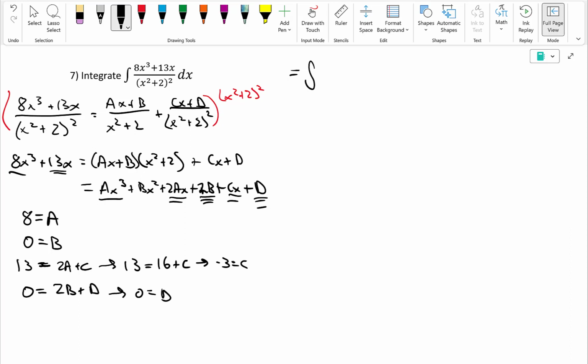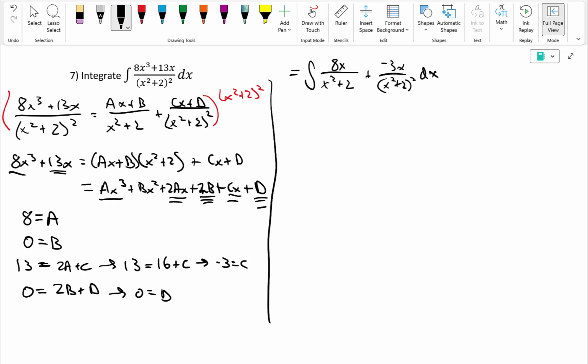So our original integral is equal to, for a, we've got 8x over x^2 + 2, and then for c, we got -3, so -3x over (x^2 + 2) quantity squared, dx.